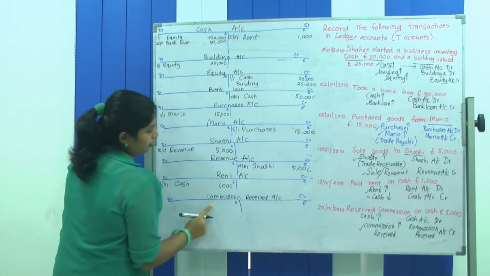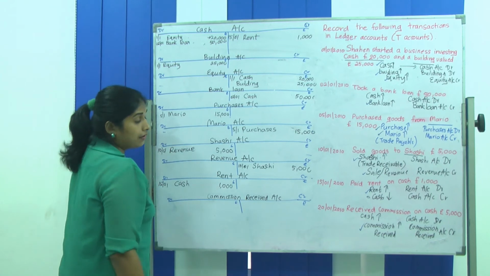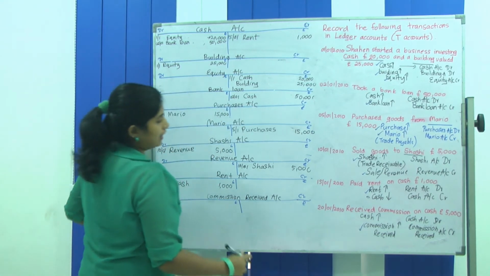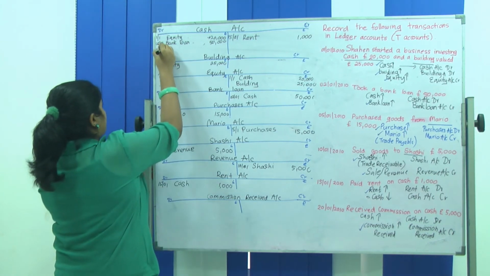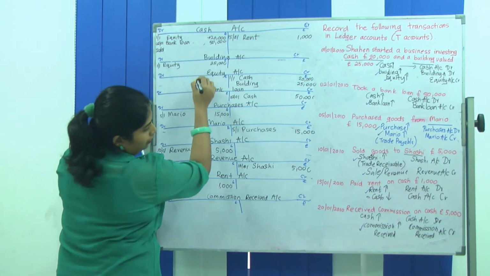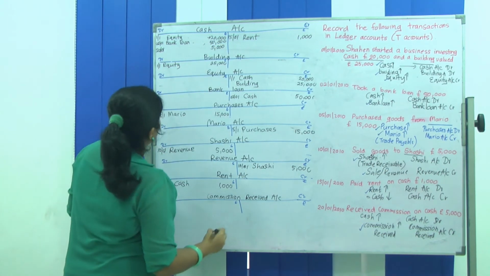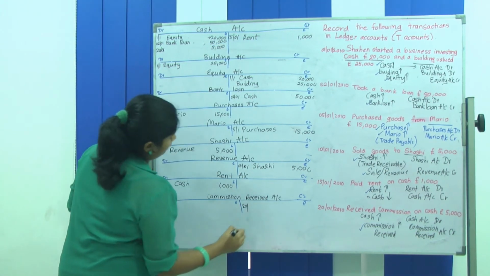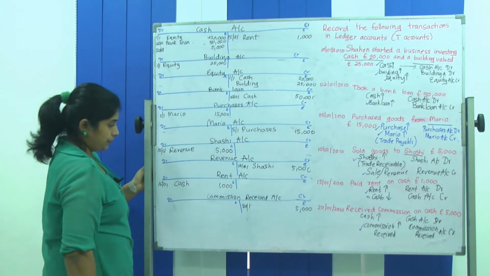Make sure that you write both words, commission received. So cash increases, which will be recorded on the debit side. So 20th January 5,000, and commission received, which is an income, will be credited to the commission received account.